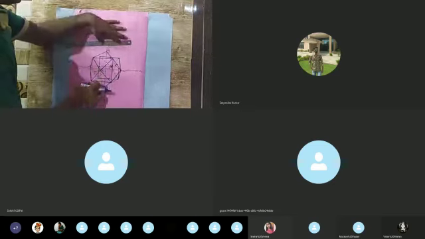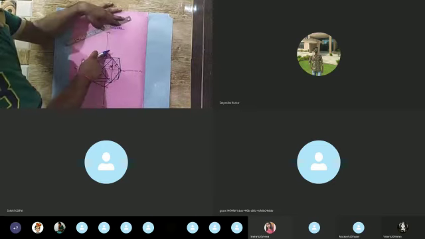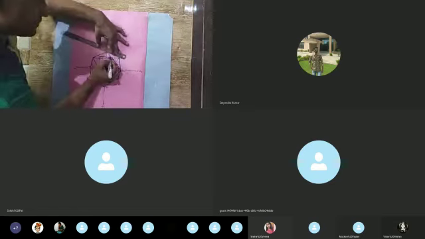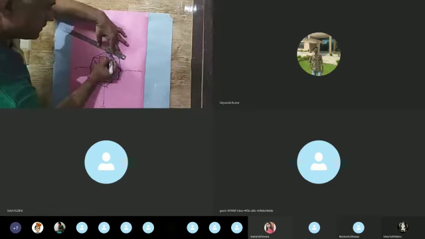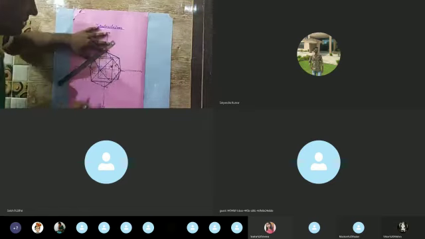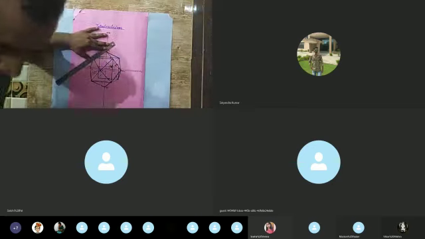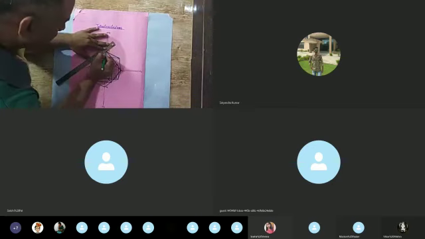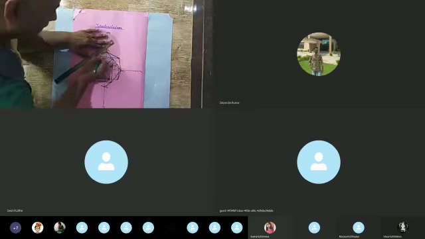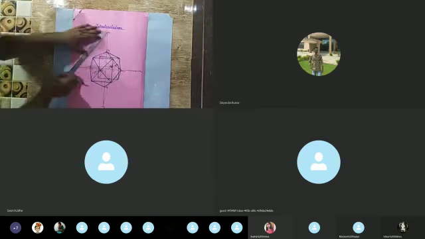Now second, plus A3, two corners. This is the first corner, and this is the second corner. Because this is a back face, we will make it with a dotted line. This one.